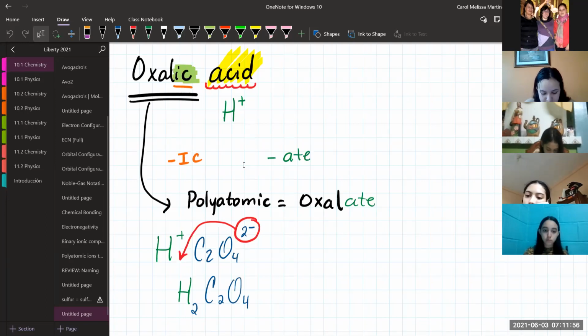And this is how you get the formula. We crisscross the charges like you did with binary ionic or with polyatomic ionic. That's how you do it.